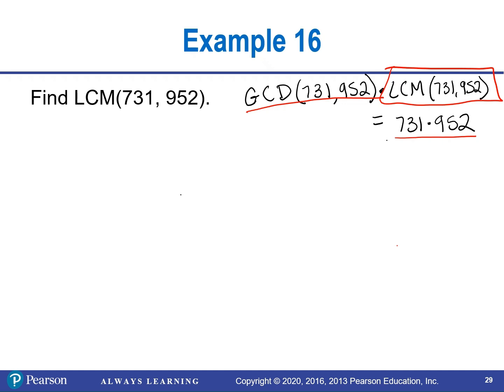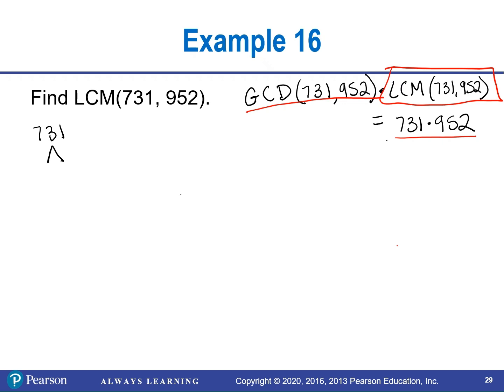We can use the prime factorization method, 731. 731 is actually a kind of tricky number to find the prime factorization of, but what we would do is we would just think through our first few primes. So 731 is not divisible by 2, it's not divisible by 3, it's not divisible by 5, it's not divisible by 7.